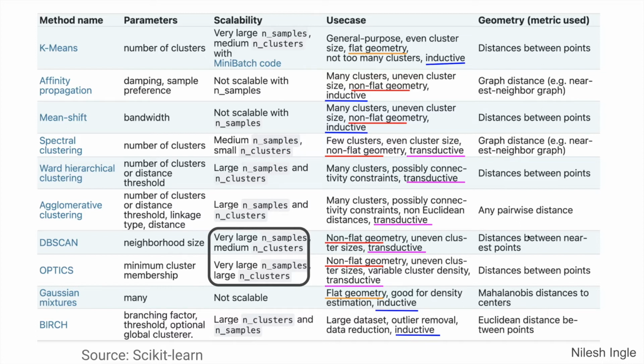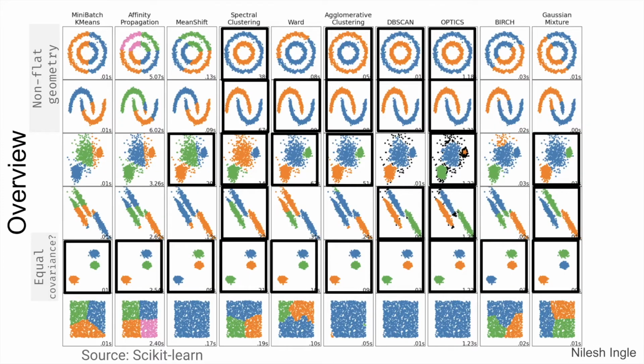So this is a nice chart to come back and refer to when you're working on a clustering data set, until you get a feel for which method would be most suitable for the type of data that you have.